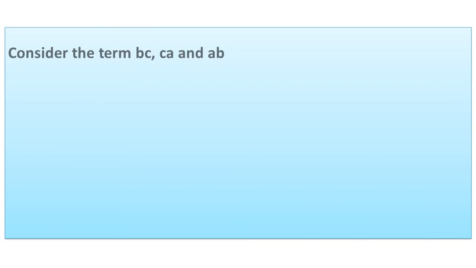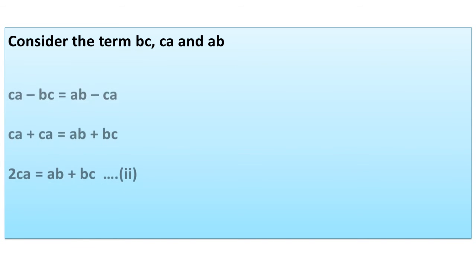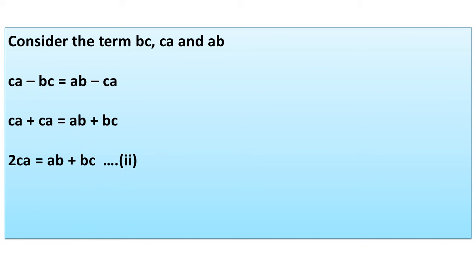Let us consider the given terms bc, ca and ab. As we need to prove that the given terms are in AP, if and only if the common difference between the given terms is the same, we can say that the terms are in AP. So find out its common difference, that is ca minus bc is equal to ab minus ca.